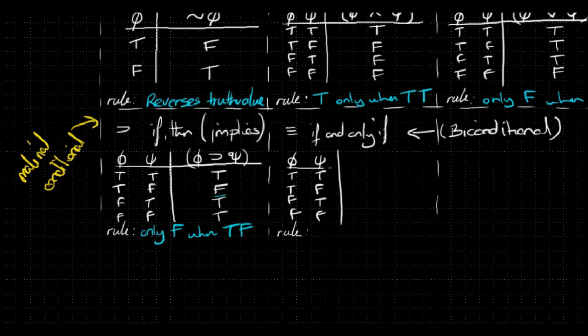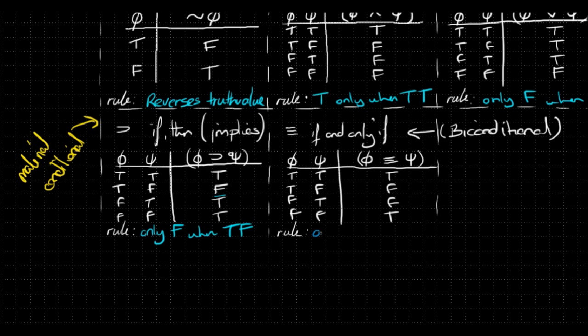And our truth table is going to look like this. True, false, false, true. So notice that the biconditional is true only when the truth values of its constituent parts match. So when we've got true, true, it comes out true. In these two middle cases where we've got a true and a false, so they're differing in truth value, it comes out false. And when it's false, false, it comes out true.